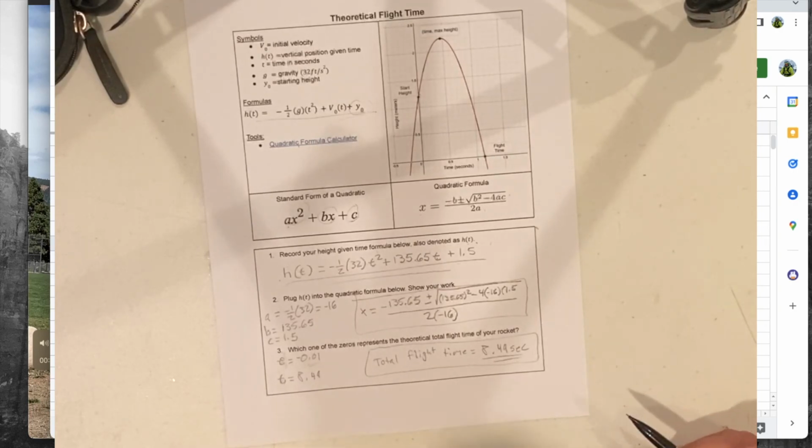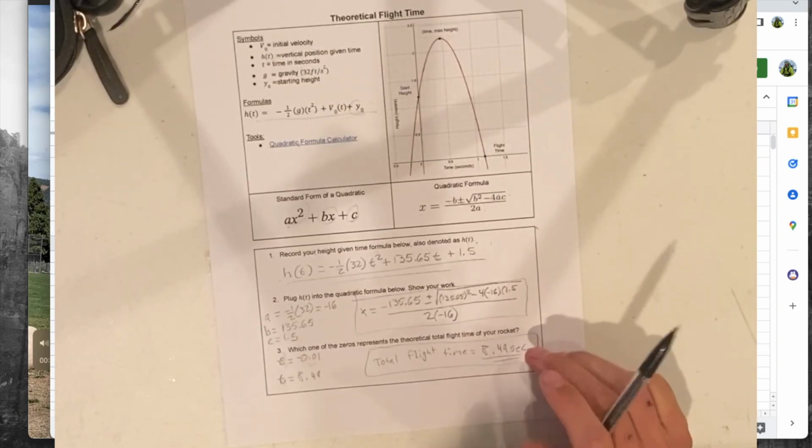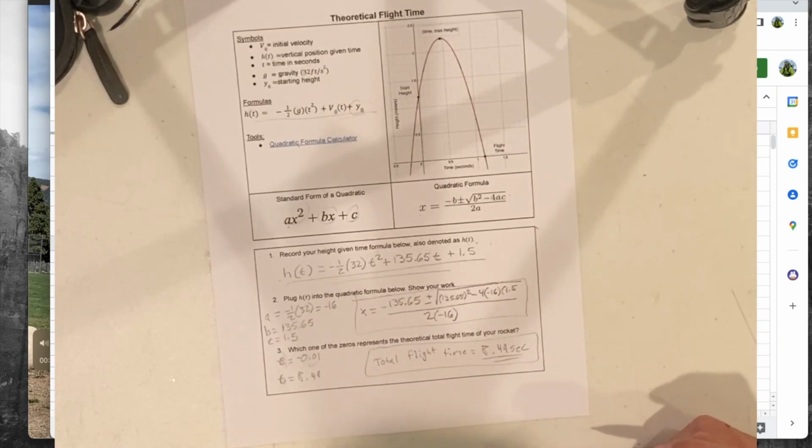This accounts for the flight time if we didn't have a parachute and there's no air resistance. And if you guys remember, our actual total flight time was 12 seconds, which makes sense because our parachute slows down the rocket as it falls from the sky. And so that concludes all of the calculations that you will be doing for the rocket project.